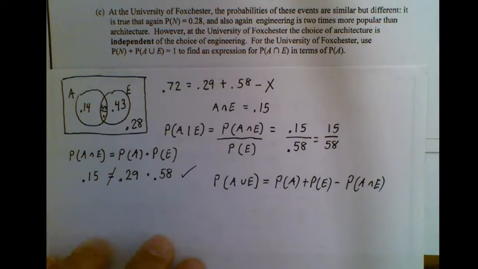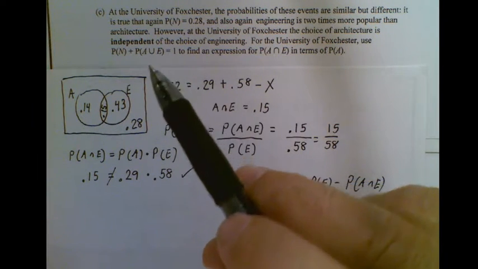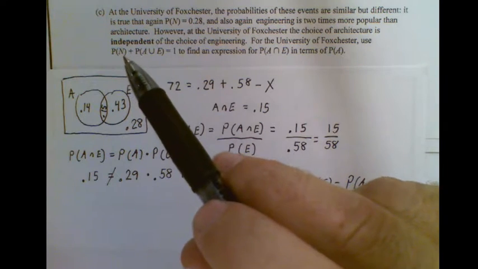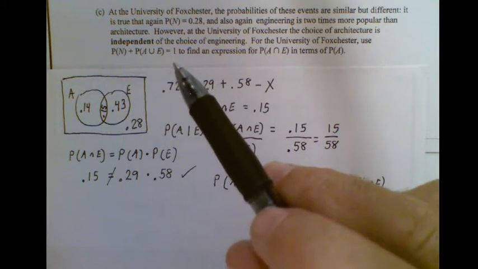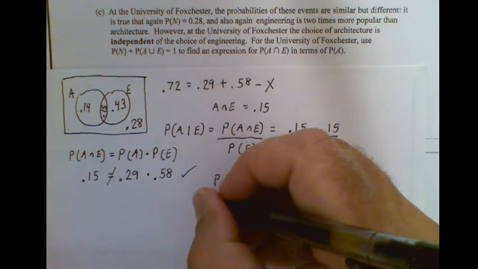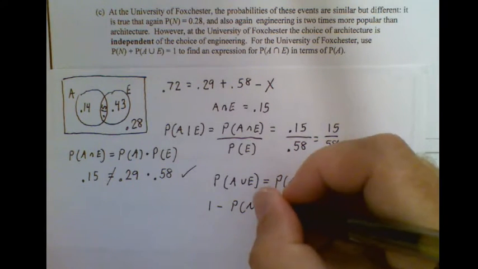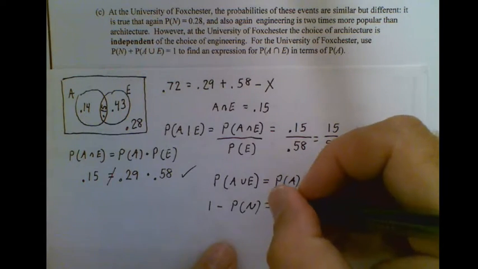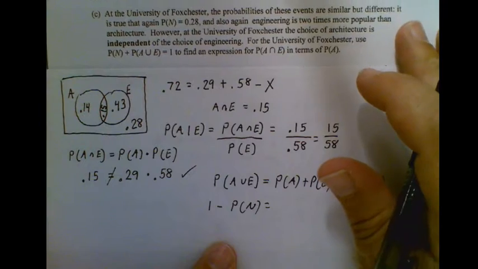So we're going to start plugging in some info right here. So they're giving us this formula right here. Just for the sake of substitution, if I were to subtract this over to the other side, then I know that A or E is equal to 1 minus N. So I'm going to sub that in for this one right here. So 1 minus the probability of N, which is neither. So we're subbing that in for A or E. And then we got our probability of A. We do a little more substitution on this side as well.